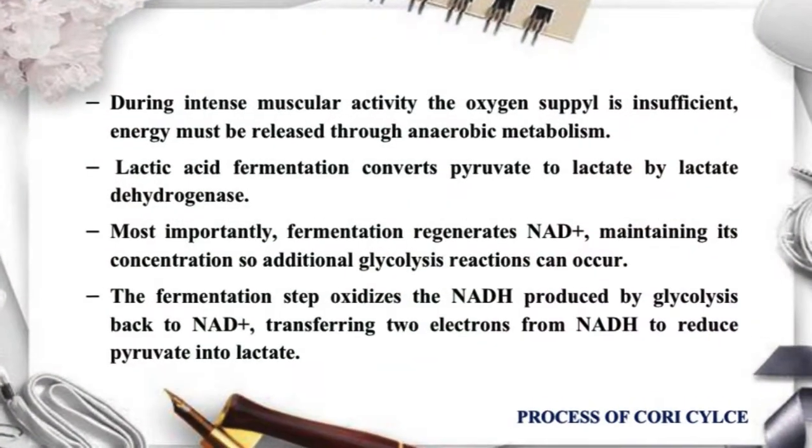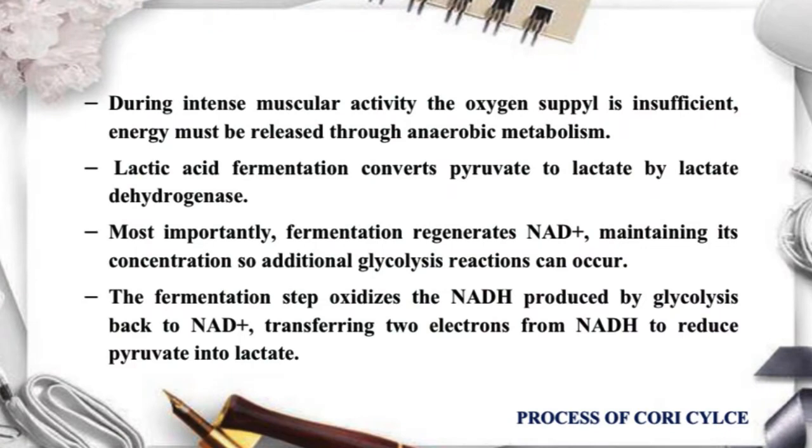But during intense muscular activity, the oxygen supply is insufficient, so energy must be released through anaerobic metabolism. The process is known as lactic acid fermentation. Lactic acid fermentation converts pyruvate to lactate by lactate dehydrogenase. Most importantly, fermentation regenerates NAD+, maintaining its concentration so additional glycolysis reactions can occur.